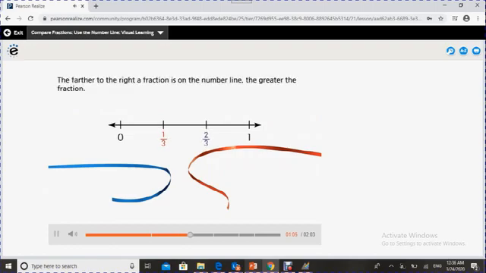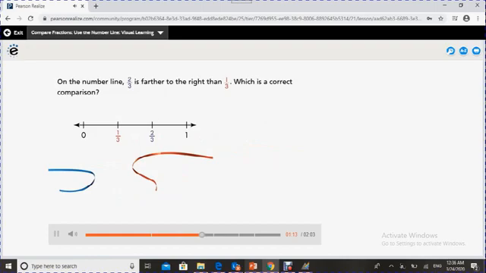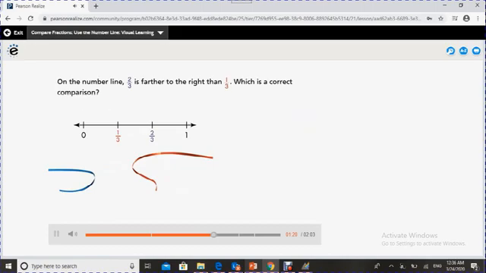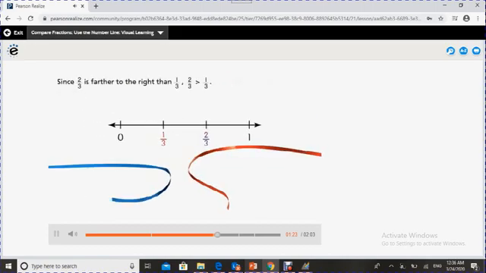The farther to the right a fraction is on the number line, the greater the fraction. On the number line, 2/3 is farther to the right than 1/3. Which is a correct comparison? Select your answer. Since 2/3 is farther to the right than 1/3, 2/3 is greater than 1/3.